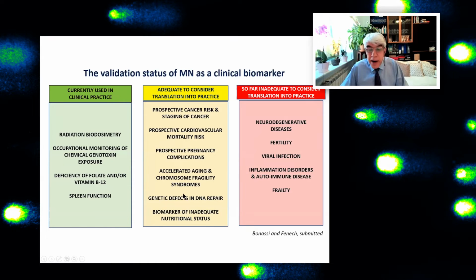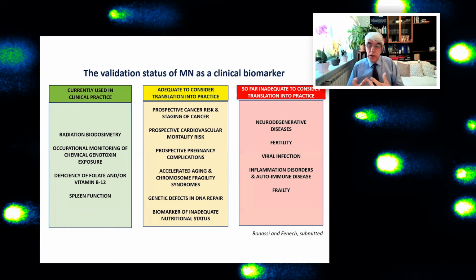There are a number of examples in which there is a lot of evidence, but not enough to be used in clinical practice: inadequate nutrition, pregnancy complications, mortality risk for cardiovascular diseases, cancer, and many others, in which there is a lot of evidence, but we need much more results.